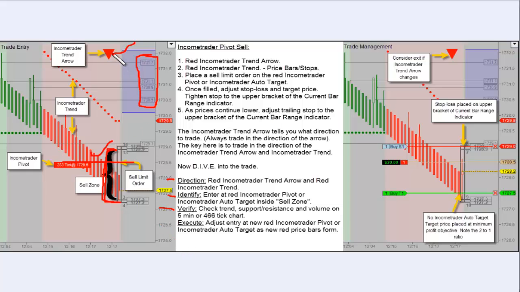Yep, we do have a down red arrow, and yes, we do have red price bars. But if I'm looking at a 5-minute and or 466 chart, which I do like to do, we have another setup called the KISS strategy, keep it simple strategy. And if, let's say, my 5-minute chart is doing this, that's not a trend.